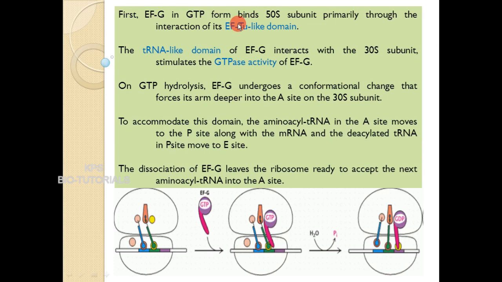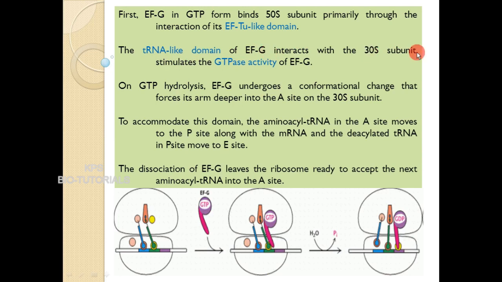The translocation of the ribosome takes place by the following events. First, the EF-G in GTP form binds the 50S subunit of the ribosome. EF-G, or elongation factor G, has two domains, an EF-Tu-like domain and a tRNA-like domain. With the EF-Tu-like domain, EF-G will bind with the 50S subunit of the ribosome, and with the tRNA-like domain, EF-G will bind with the 30S subunit.